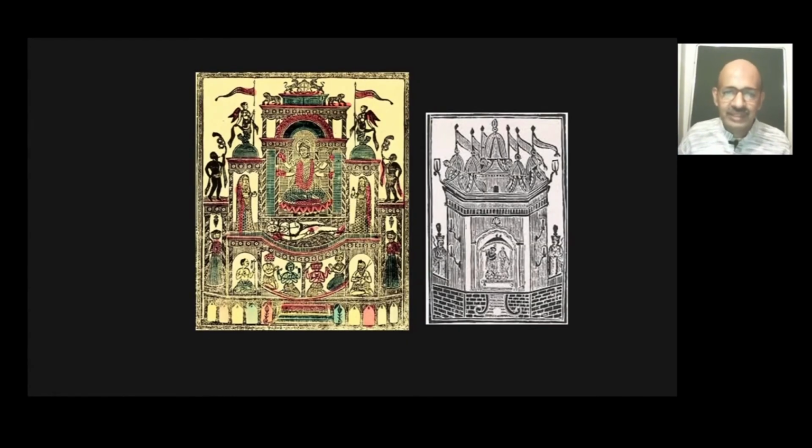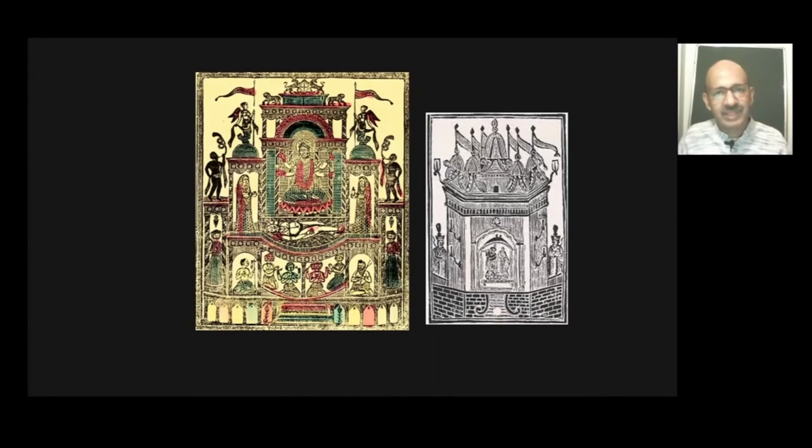Now, something interesting begins to happen on the black and white woodcut prints. Sometimes these artists began to apply slight color, mostly red, green, sometimes blue. That's it. Therefore, these now become hand painted woodcut prints. So primarily these are woodcut prints, and sometimes they get hand painted.